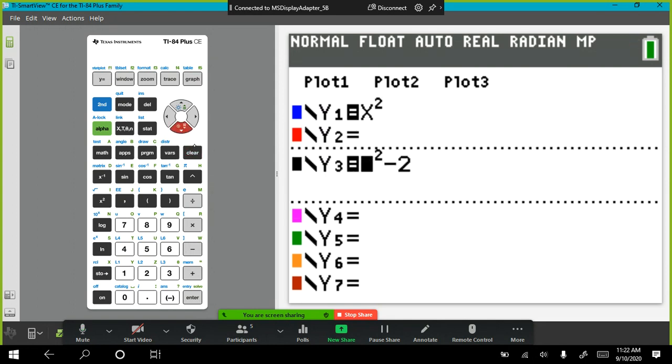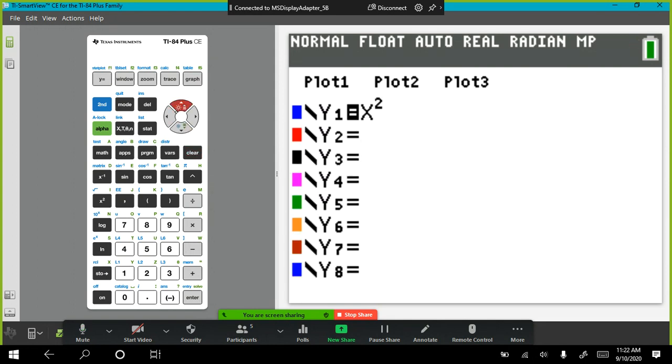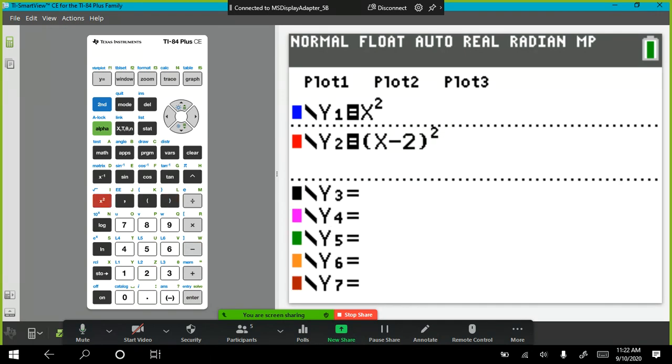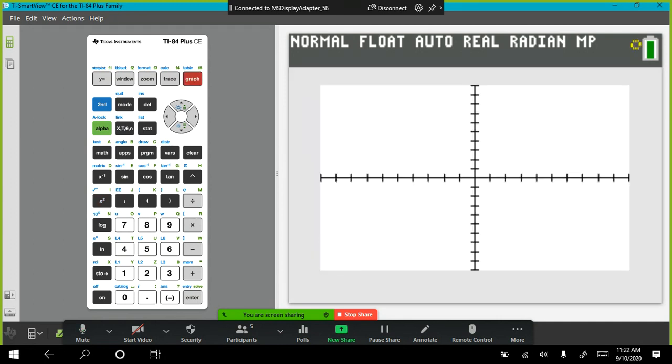If I put in parentheses x minus 2, and then I square it, notice what happens. That actually shifts the graph to the right 2 units.